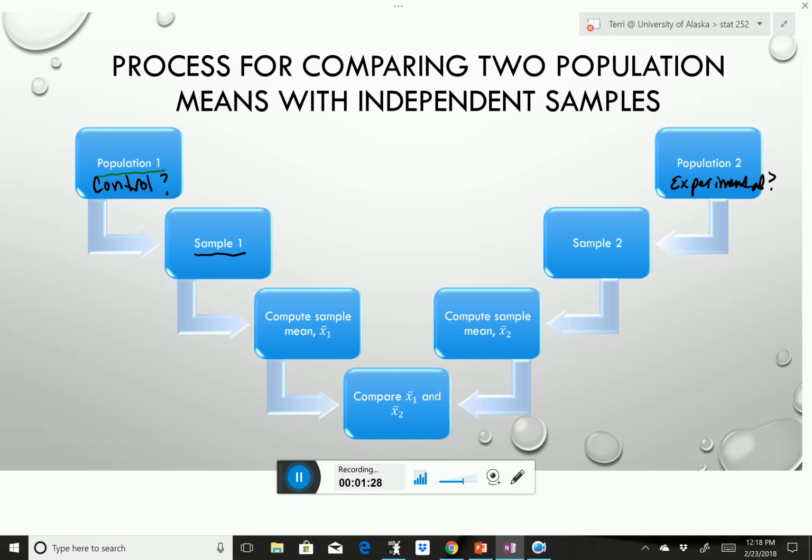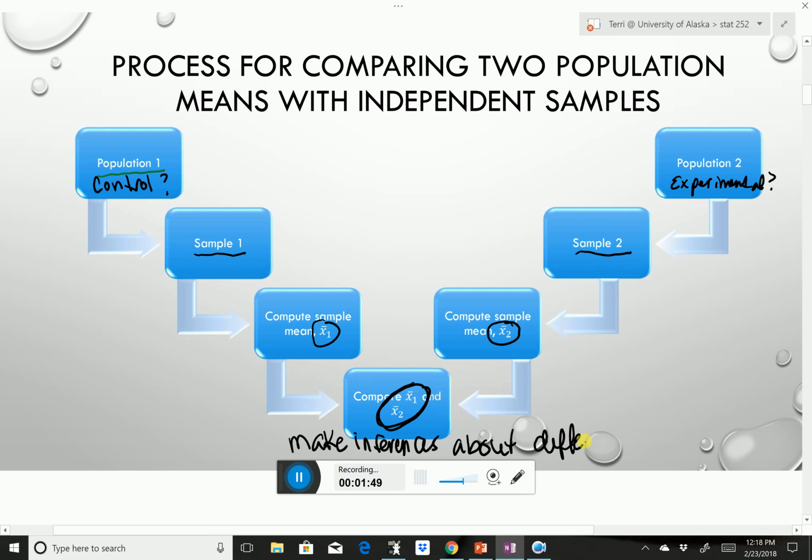We create a random sample 1 and a random sample 2, and then we get their sample means, and we compare these means, and we're going to make inferences about the difference in the true mu1 and mu2.